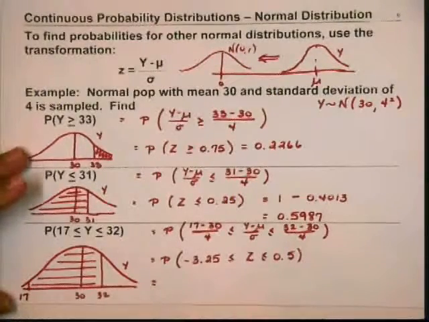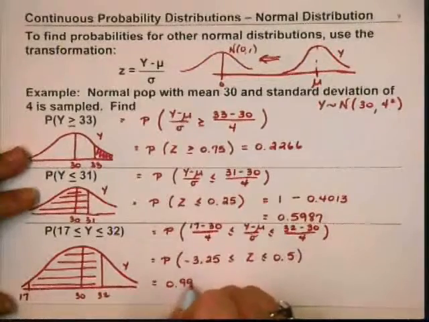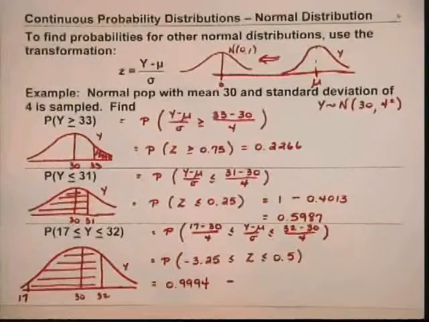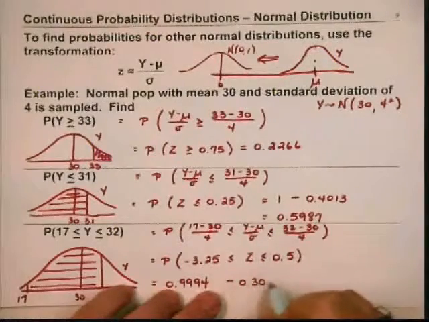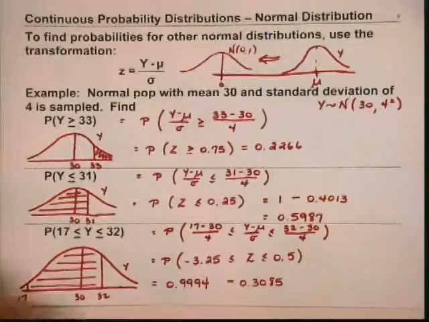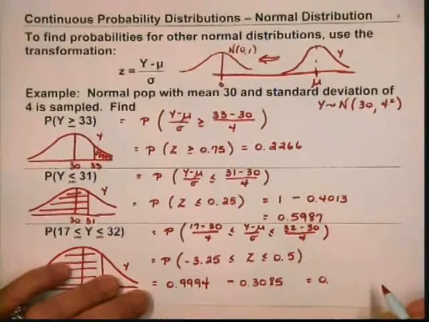Negative 3.25 determines the right-hand area of 0.9994. Positive 0.5 determines a right-hand area of 0.3085, and the difference between those I have is 0.6909.